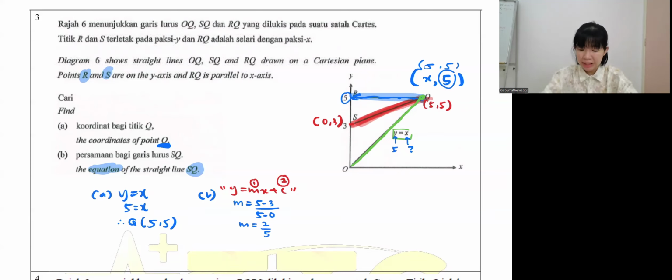Now c. Is c given? Got c or not? c is the y-intercept. You see this line? It intercepts at 3. So it's already given. We don't have to find it on our own, so you can substitute straight away. We got y equals 2 over 5 x plus 3.